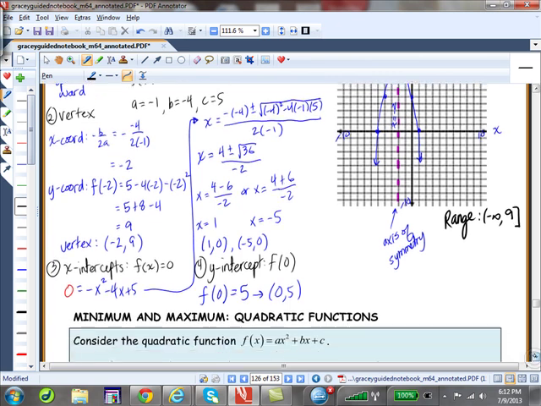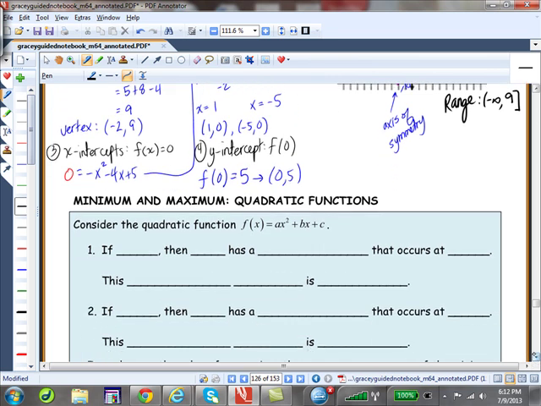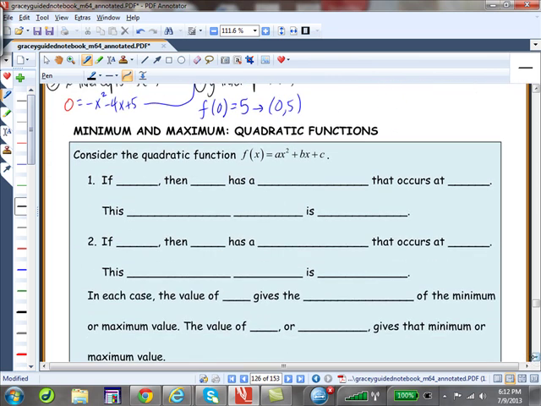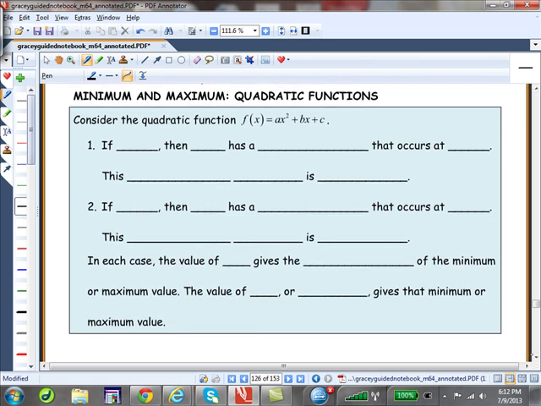All right, so next up we go into minimum and maximum for quadratic functions. This is special for quadratic functions. So consider f of x equals ax squared plus bx plus c. If a is greater than 0, then f has a minimum that occurs at x equals negative b over 2a.